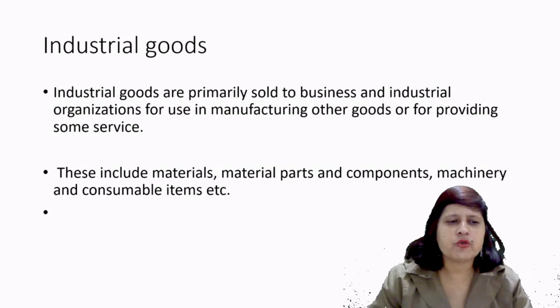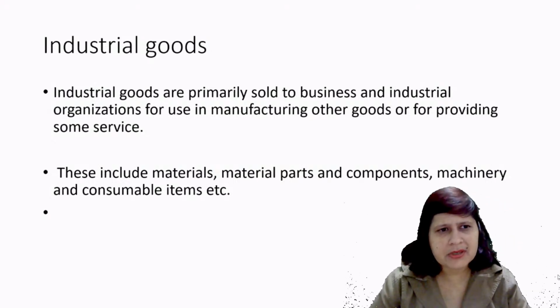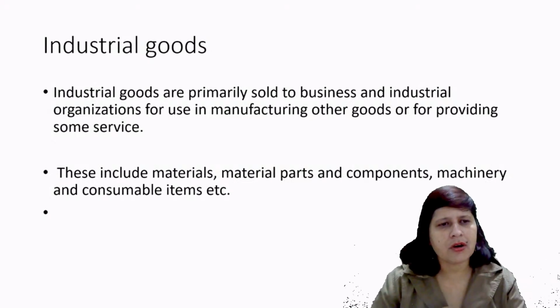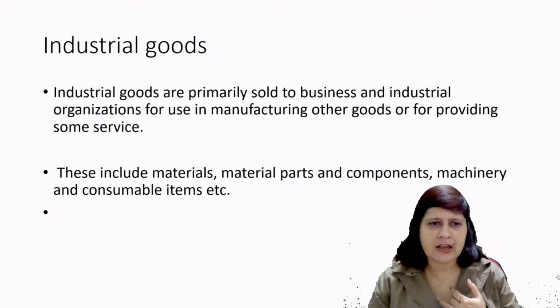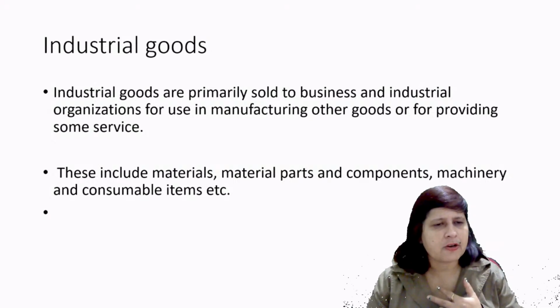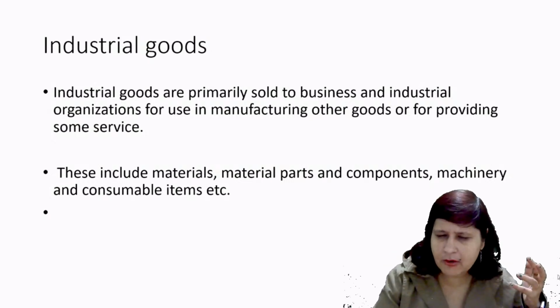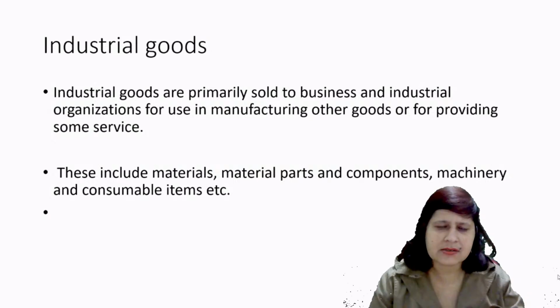Then come the industrial goods. Industrial goods are primarily sold to business and industrial organizations for use in the manufacturing of other goods or services, right? It includes materials, parts and components, machinery, consumable items, like I have given you the example of a tire, right? Or that chassis plate.